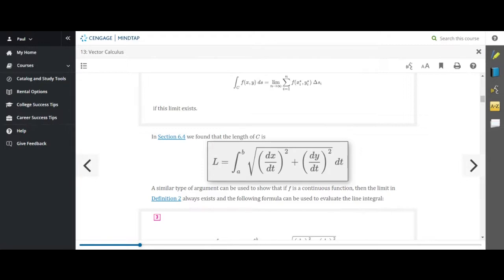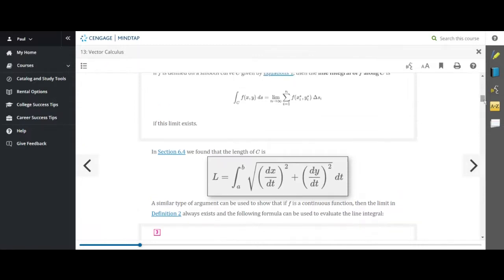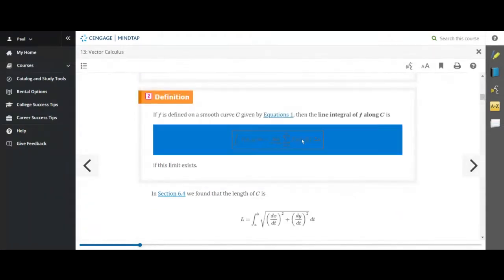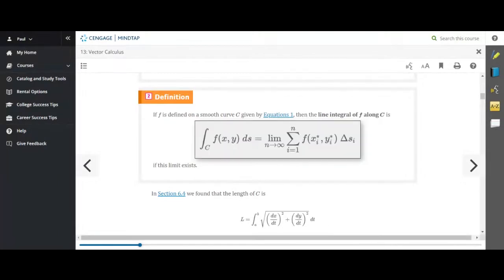So in that original Riemann sum that we looked at, if I go back up here, delta S is a piece of arc length. So why not incorporate the arc length formula into our formula.